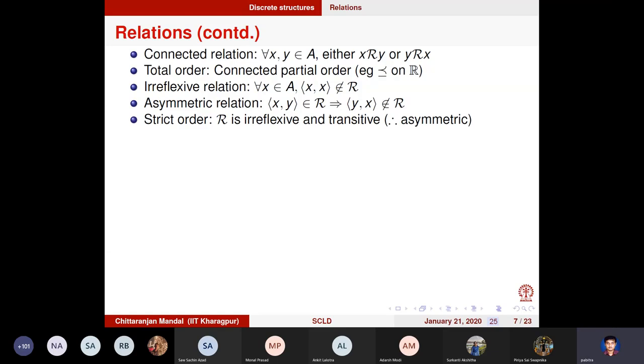By the way, one more thing: let me see how the Hasse diagrams look in a total order.